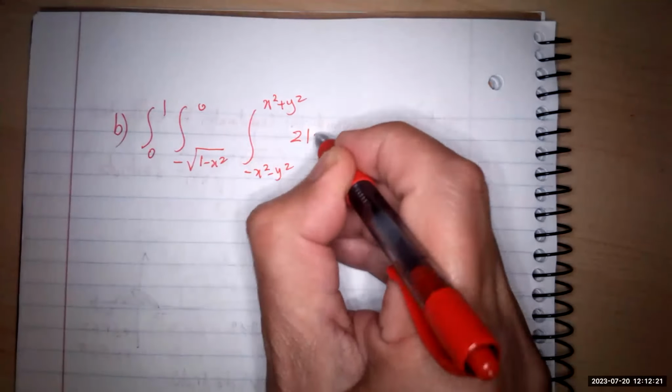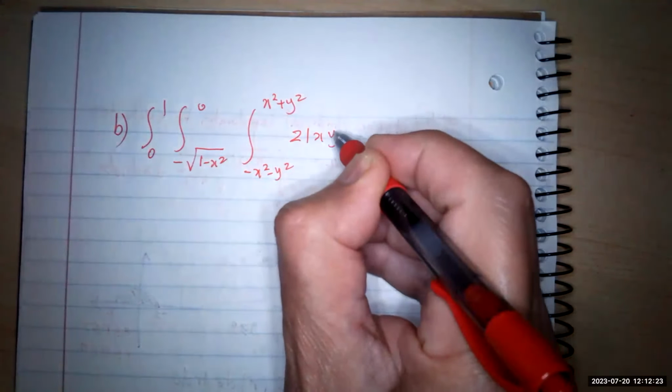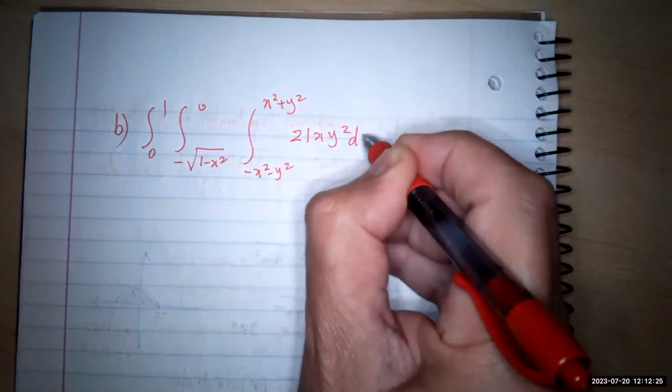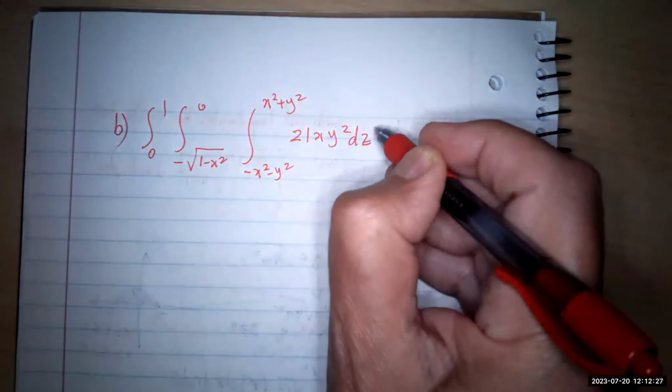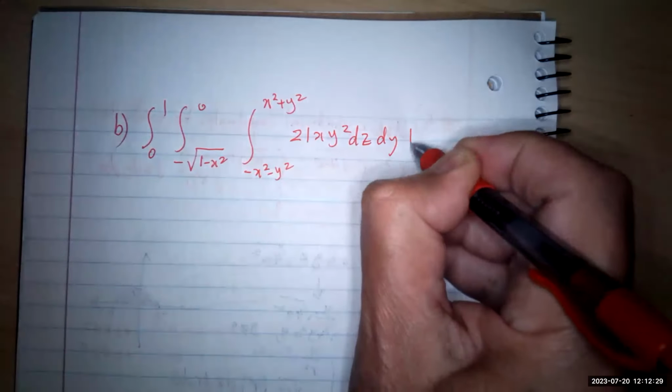And the function is 21xy squared, dz, dy, dx. Okay, that's the integral that you want to change to cylindrical coordinates to do it.